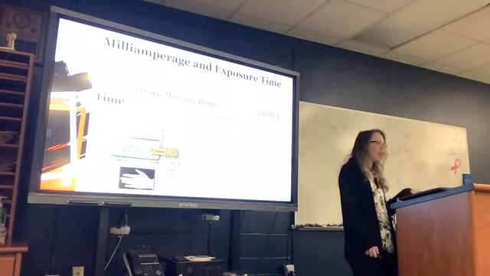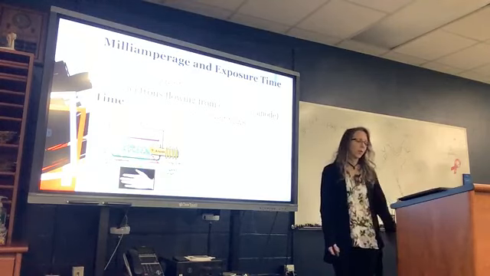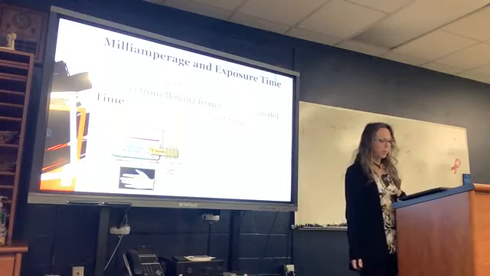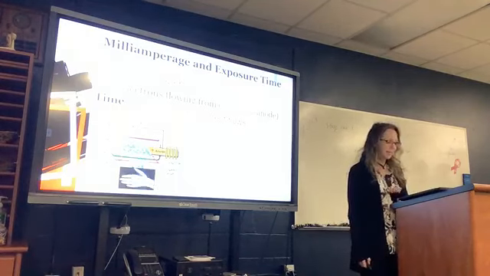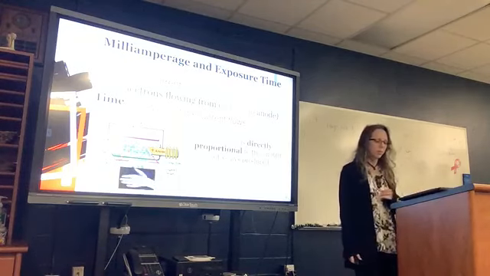We applied current to the cathode filament, and the electrons were boiled off through thermionic emission. So the tube current and the exposure time, we multiply them together for mass. Yes. It is directly proportional to beam quantity.